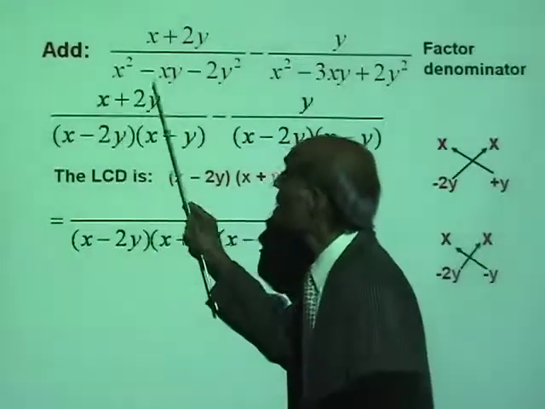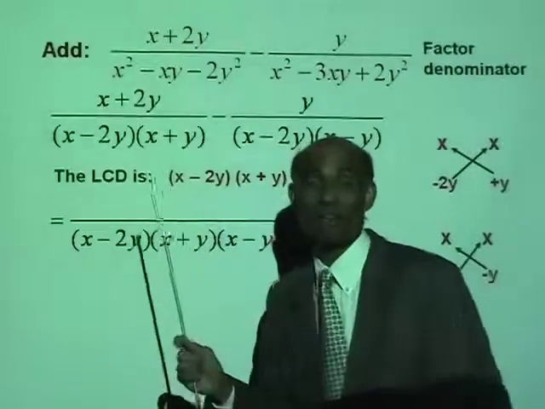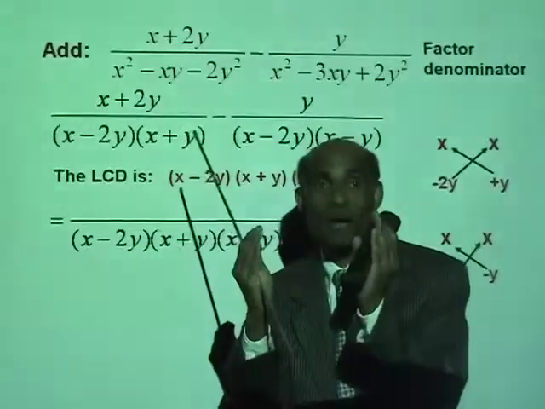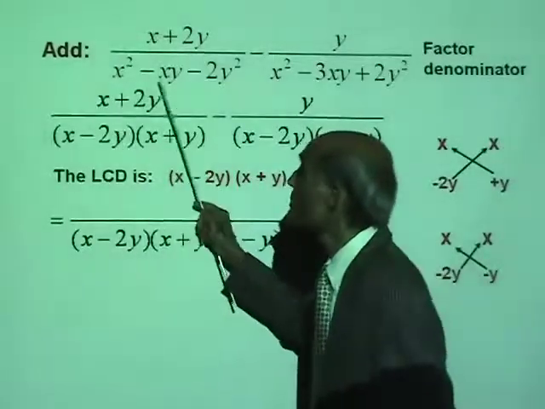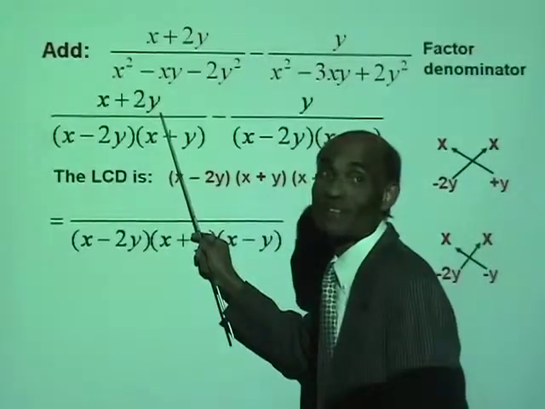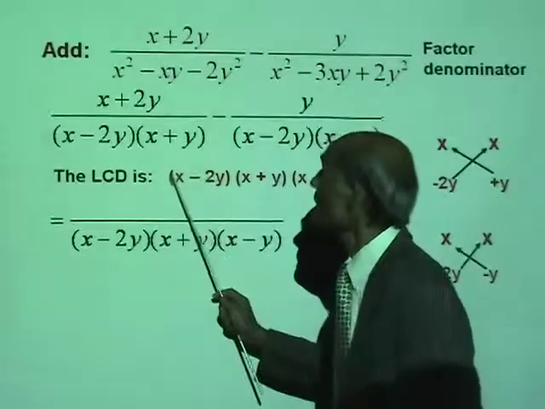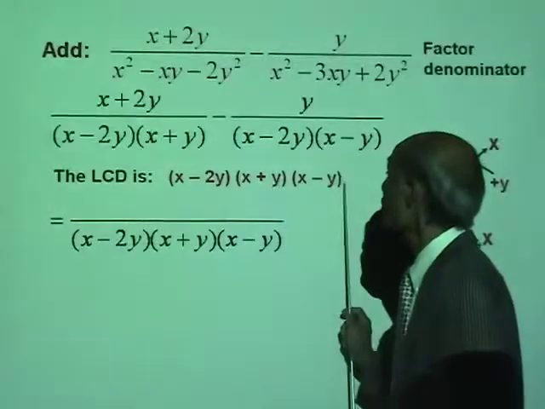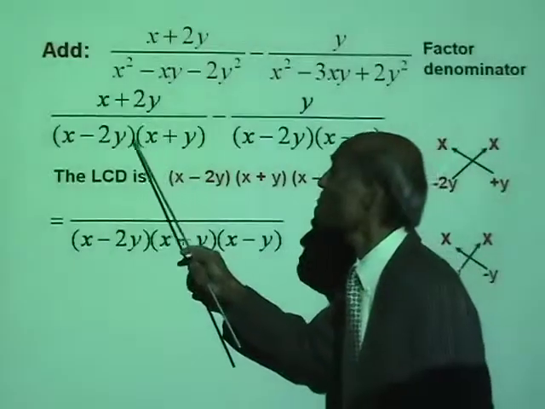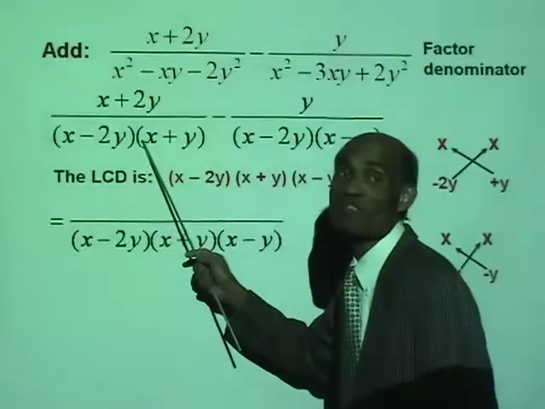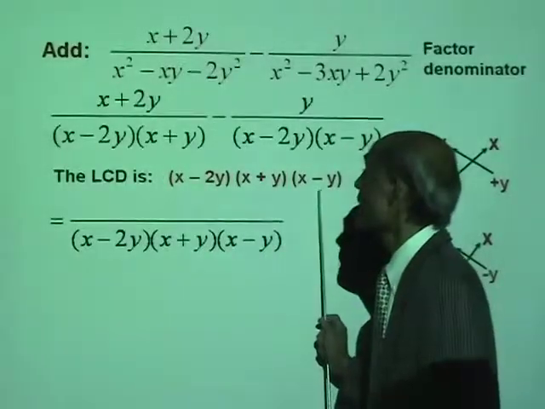The first numerator is the quantity x plus 2y. What will this be multiplied by? That will be multiplied by that factor in the LCD that is missing here. What is the missing factor? x minus y.